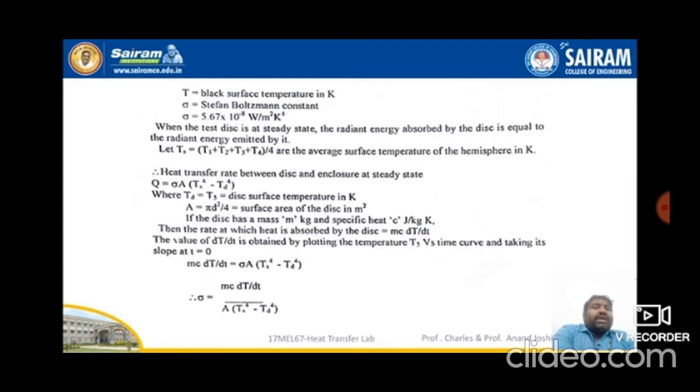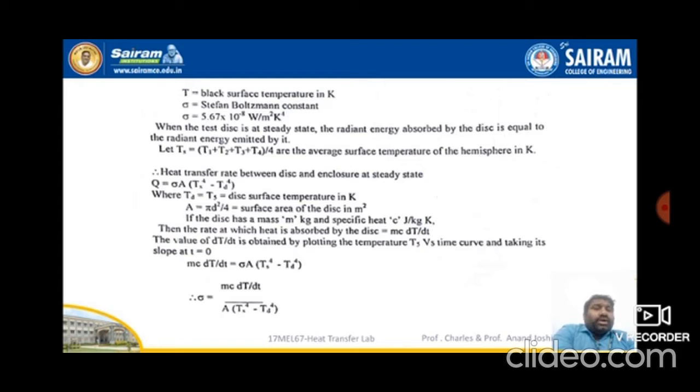If the disk has mass m kg and specific heat C joules per kg Kelvin, then the rate at which heat is absorbed by the disk is m c dT by dt. The value of dT by dt is obtained by plotting the temperature versus time curve and taking its slope at t equal to 0.